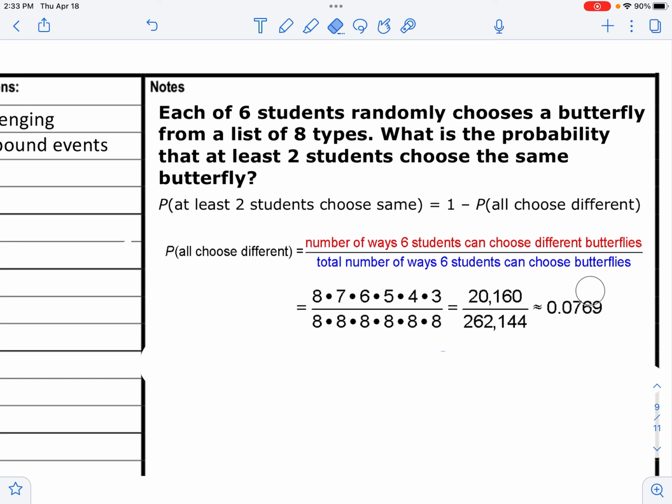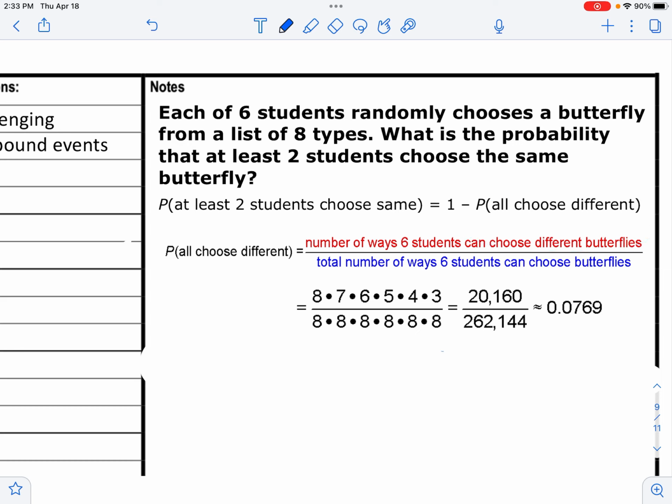You get 20,160 over 262,144, which is about 0.0769 or almost 8%. Okay, so that's if they all choose it differently. You have about around an 8% chance of that happening.